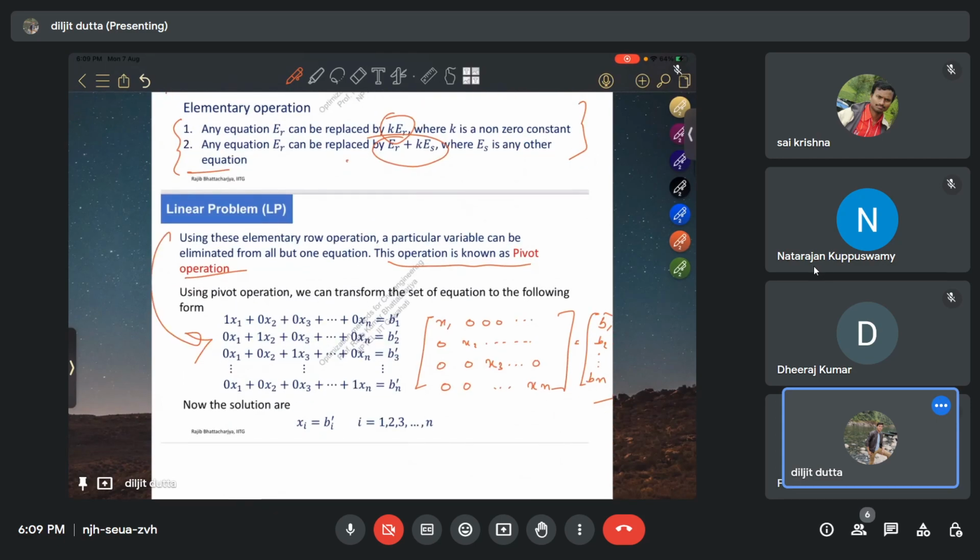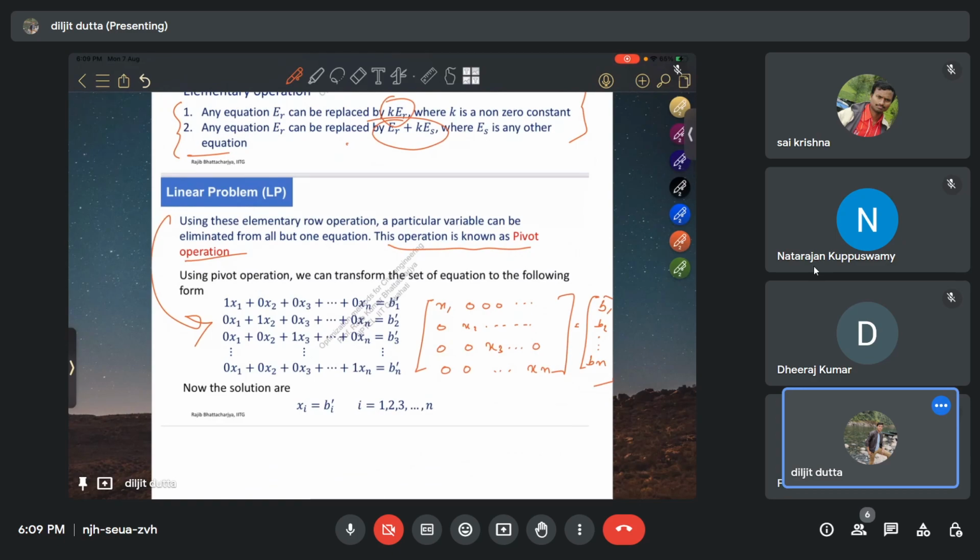That is where we have the coefficient corresponding to one variable as 1 and the coefficient corresponding to other variables set to 0. And why are we doing this? We are doing this so that we directly get the value of each variable from the equation.